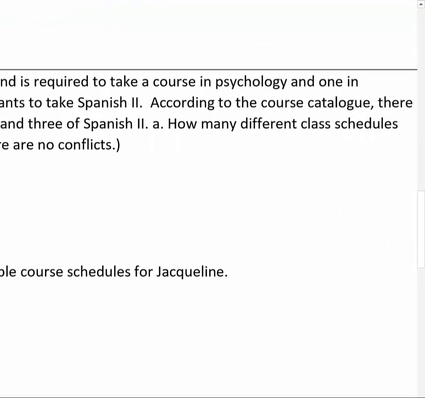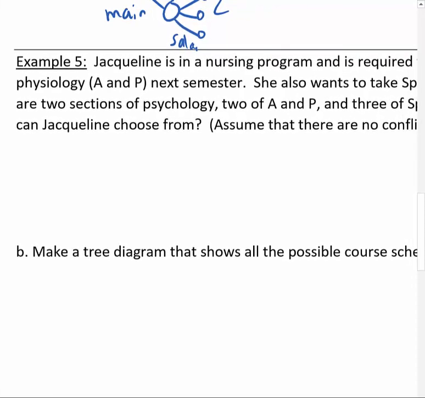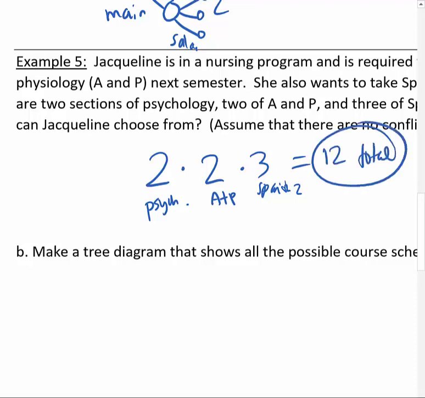How many different class schedules are there to choose from? Okay, well, they didn't say to make a tree diagram yet, so I'm just going to multiply them together. There were 2 sections of psychology, 2 of A and P, and 3 of Spanish. So that makes 2 times 2 is 4 times 3 is 12 total possibilities.